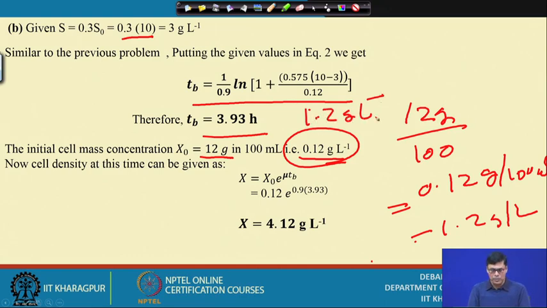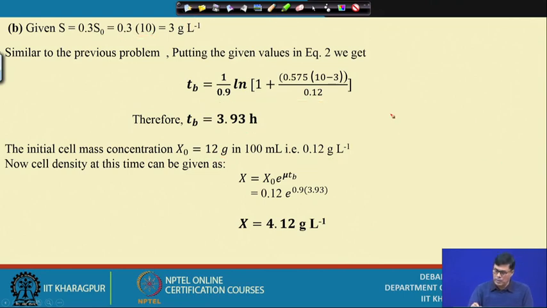Am I right? So, then we know that we have already seen that ln x by x0 is equal to mu max into Tb.